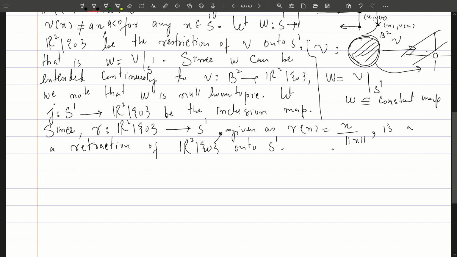Therefore the homomorphism induced by this inclusion map is injective.